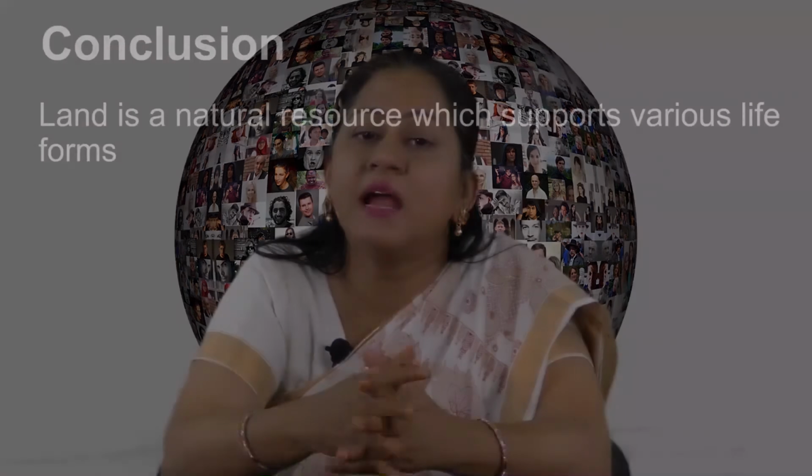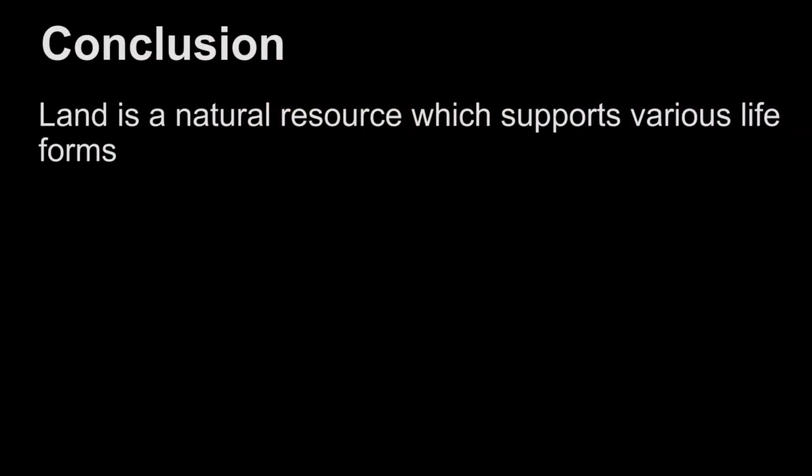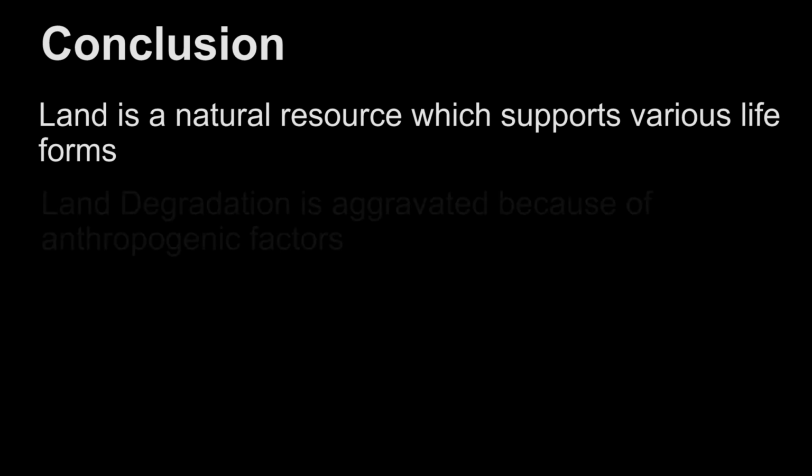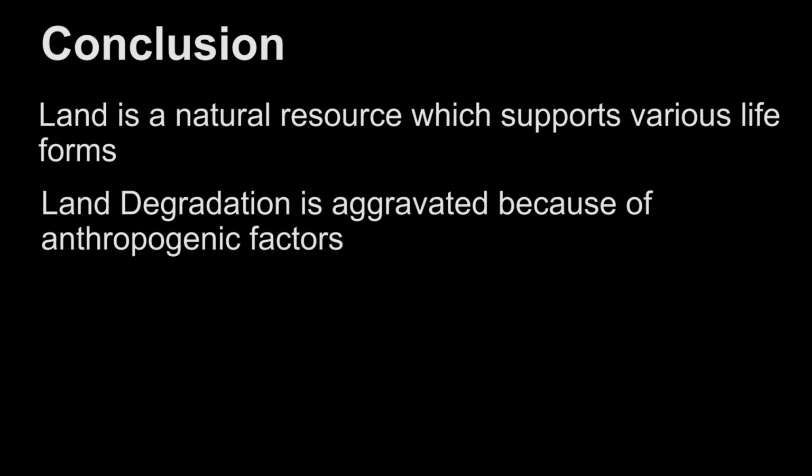So, we can conclude that land is a natural resource which supports various life forms. Soil or land includes water, microbes, plants, everything is supported. Our survival depends on the land. But today the land is getting degraded because of natural as well as anthropogenic causes.